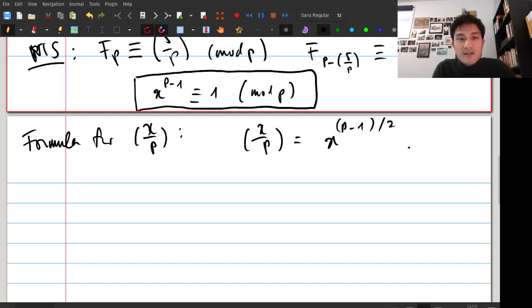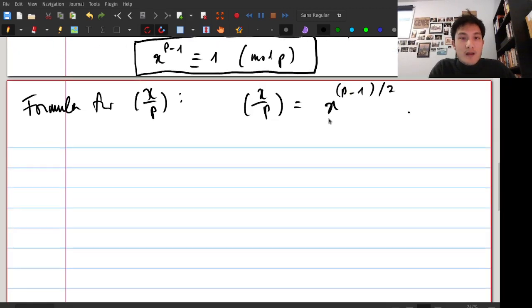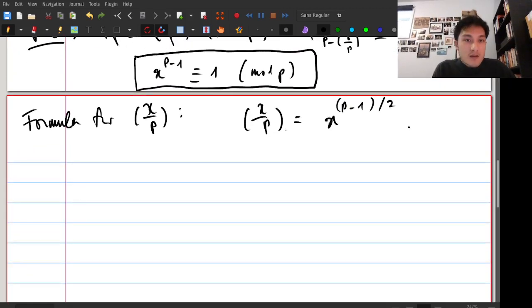We're not really going to get too much into group theory. This is a pretty basic formula that I'm sure you've seen before. So that's Fermat's little theorem, and it's going to rely on this. Let's look at this formula here.